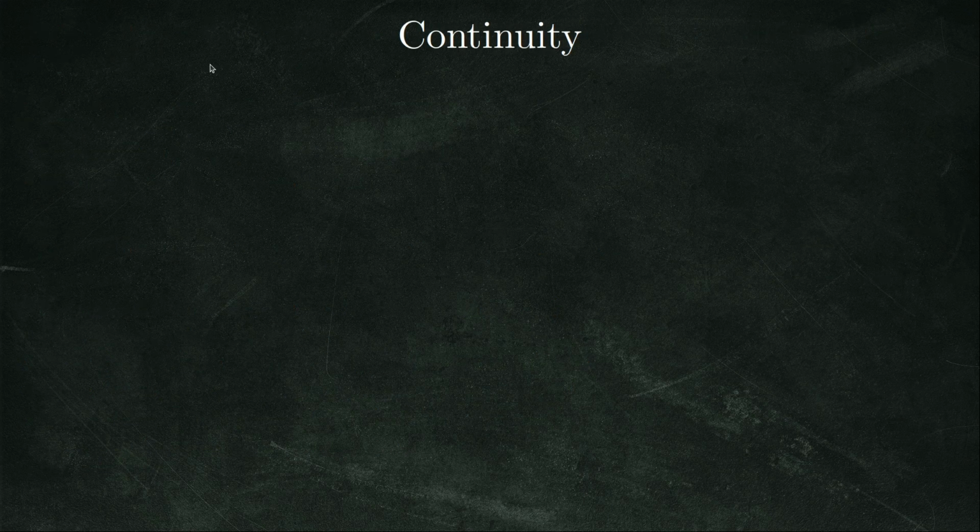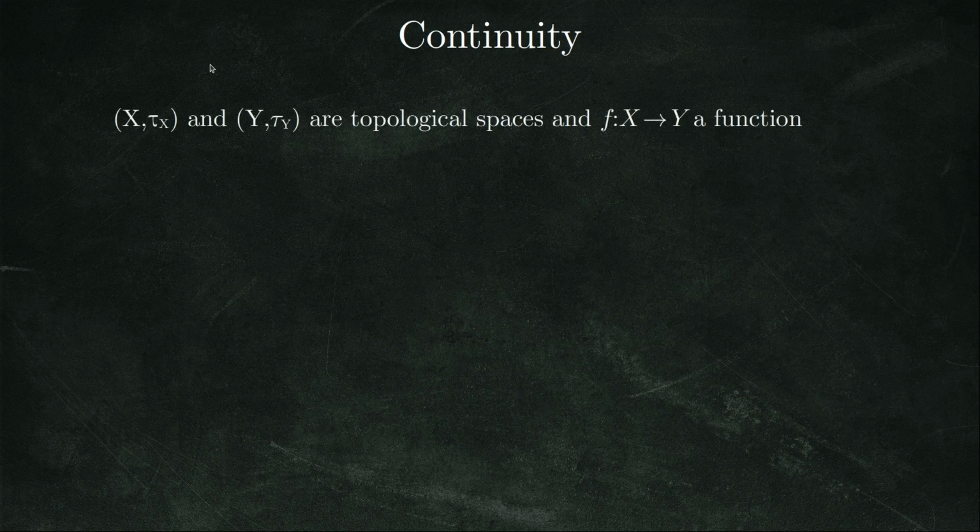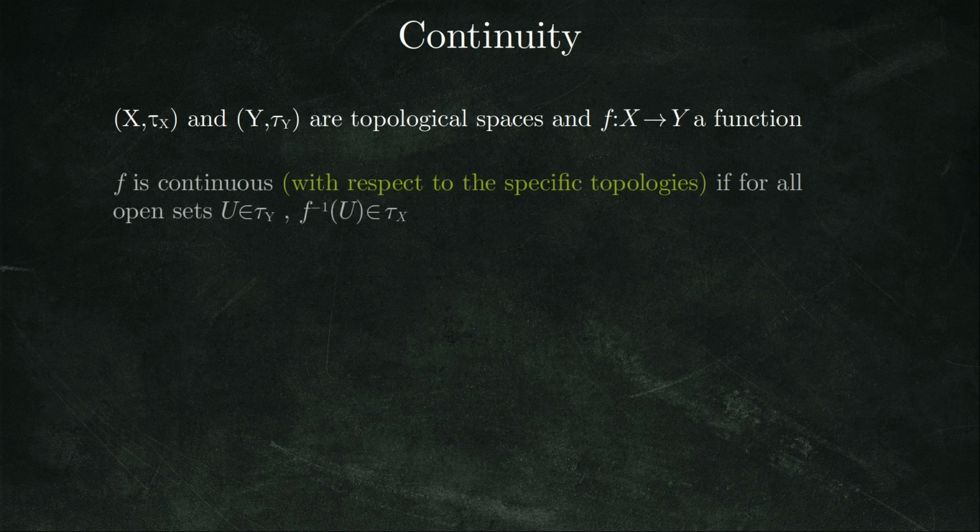Okay, we can also define continuity for a topological space. So if (X, tau_X) and (Y, tau_Y) are topological spaces, and f maps X to Y as a function, then f is continuous with respect to the specific topologies if for all open sets U in tau_Y, the pre-image is in tau_X.